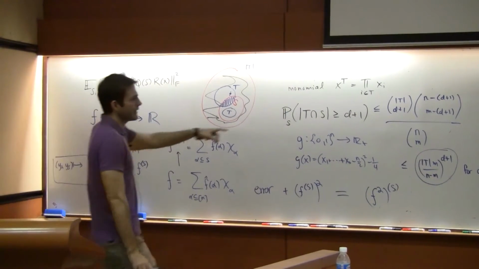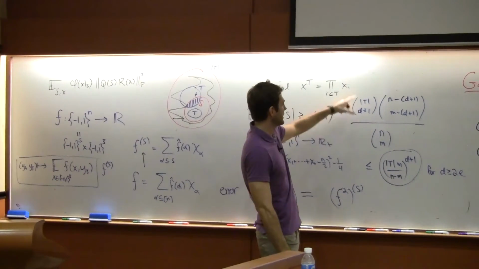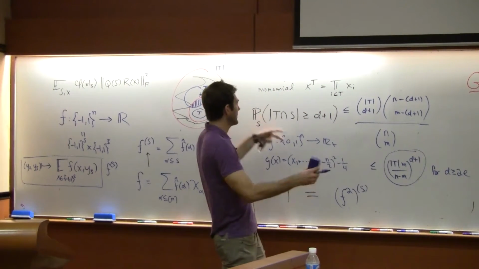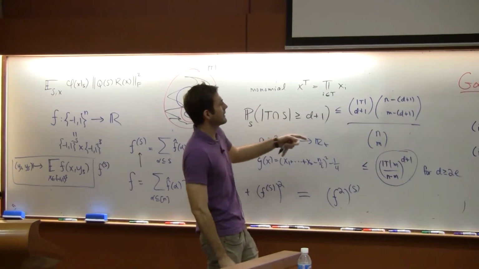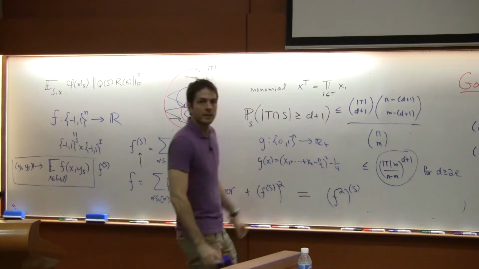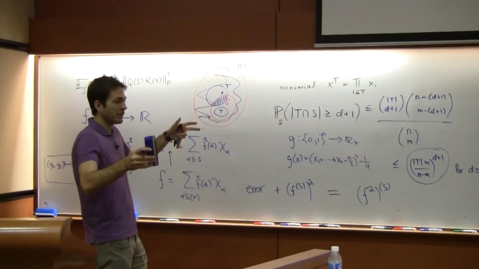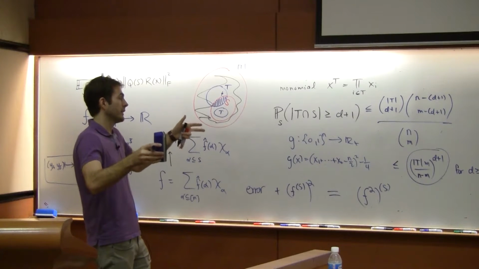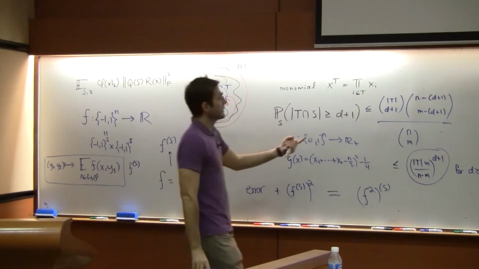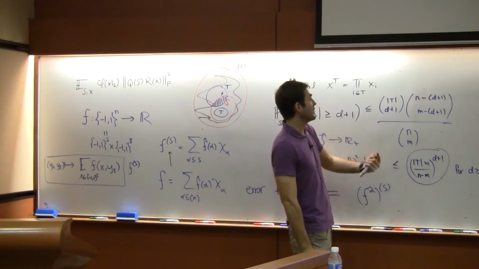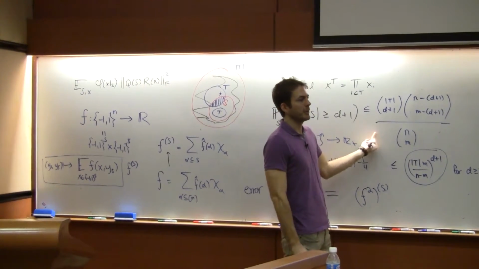Okay. And the form of this thing is just this calculation, like what's the probability that some monomial has an intersection with S. So it's at most this. So you can see where it comes up in the error. The error is basically the sum of the squares of all the high degree things, but every term only survives in expectation with this probability, so you get to multiply it by this.